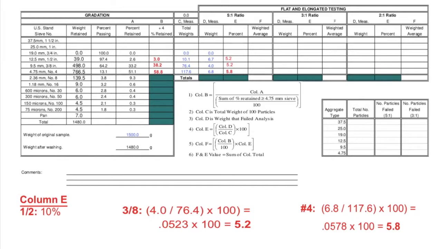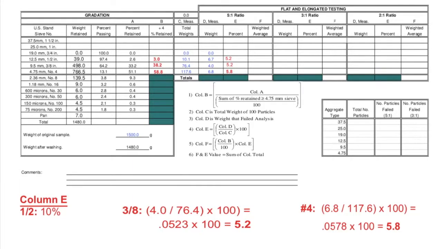Column E, the formula is column D over C times 100. Column D representing the weight of particles that failed. Column C representing the total weight, times 100.